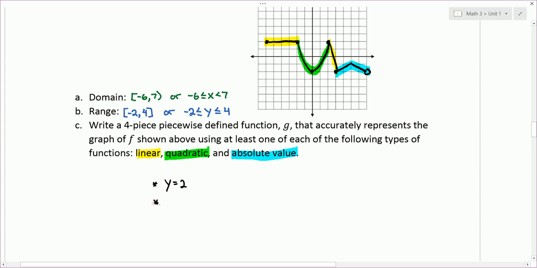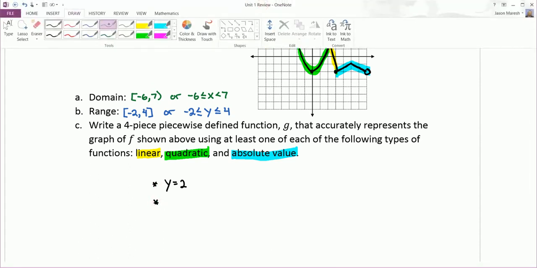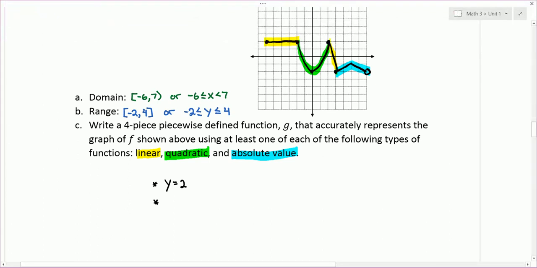My second piece is quadratic. I'll use green. Not only is it quadratic, we see the vertex is at -2. So the parent graph of a parabola has a vertex at 0, 0. So this thing has been translated down 2 units.